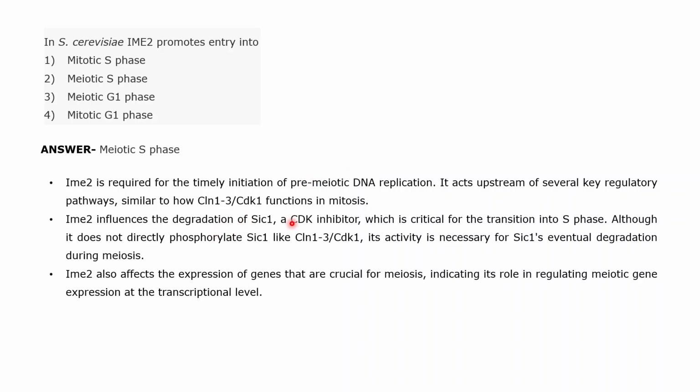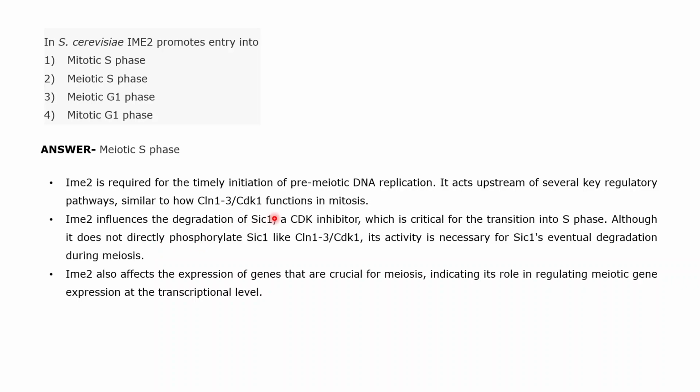It influences the degradation of SIC1, which is a CDK inhibitor. It inhibits several kinases which are critical for the transition into S phase. So SIC1 actually inhibits the transition into S phase. IME2 acts as a kinase.